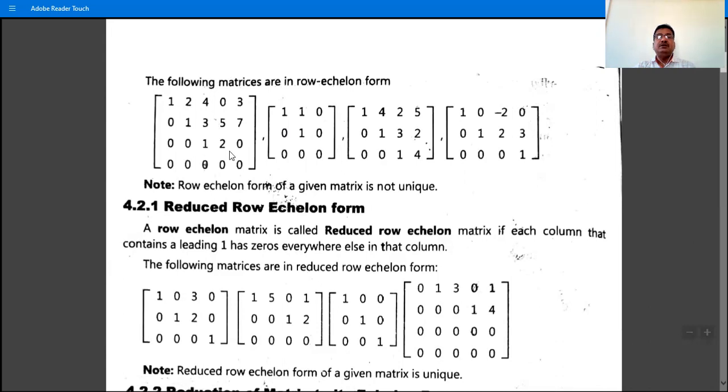If you observe the first matrix, what is your observation? There is only one zero row, and it is situated at the bottom of the matrix. It is not necessary that in a row echelon form a zero row exists. The existence of a zero row is not important in the row echelon form.